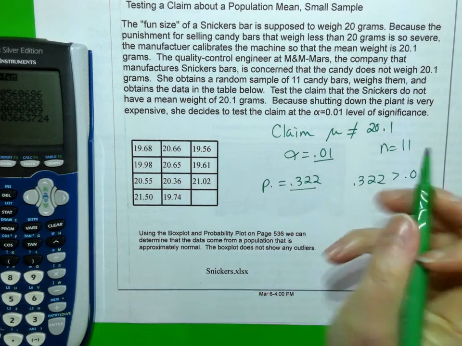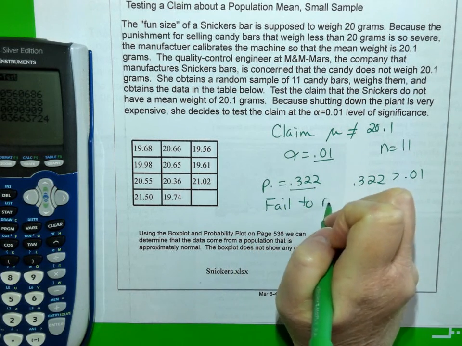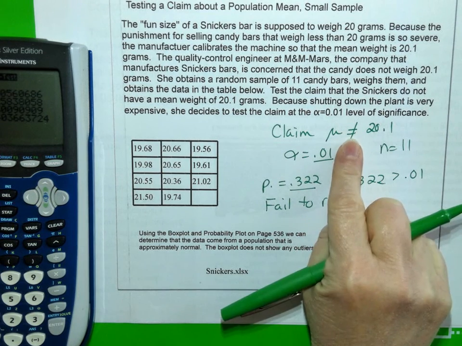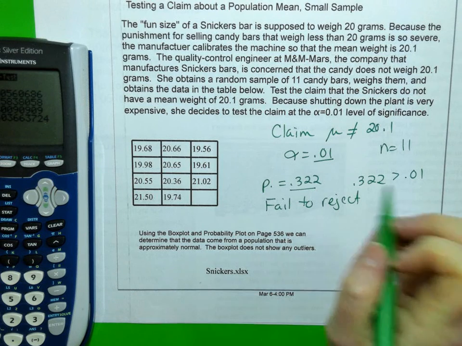What does that mean? Okay, so let's walk through it. Does the claim have equal? No. I go down. Do I reject? No. What does that mean? Look at your sheet. What does it mean? There is not enough evidence to support the claim.